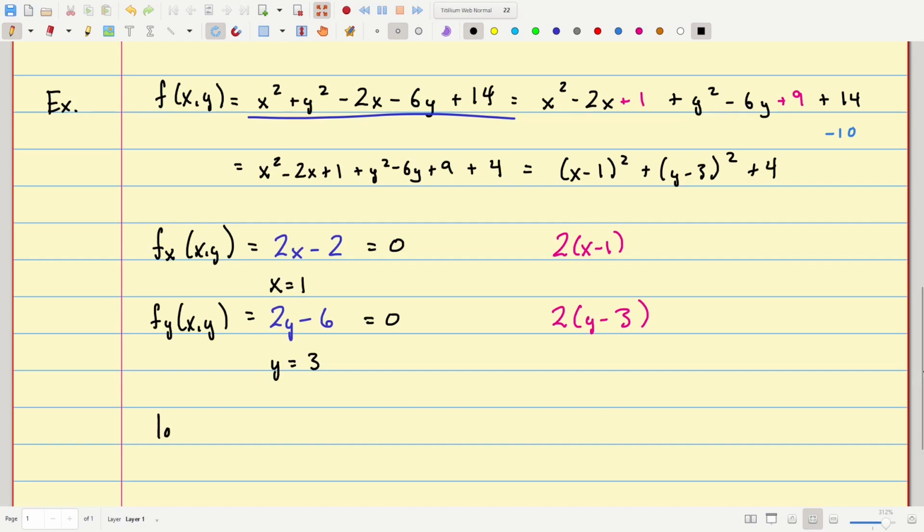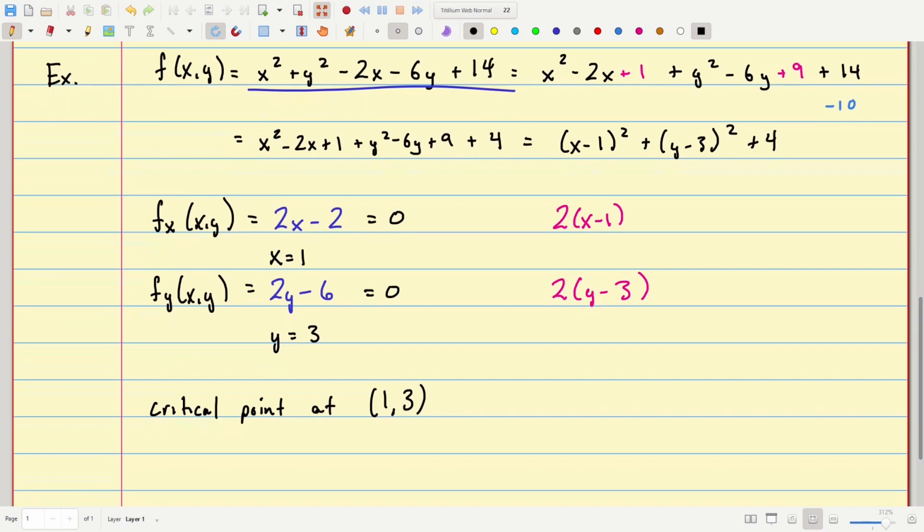So we should have a critical point potentially at 1, 3. So critical points are places where the first partials are equal to 0.